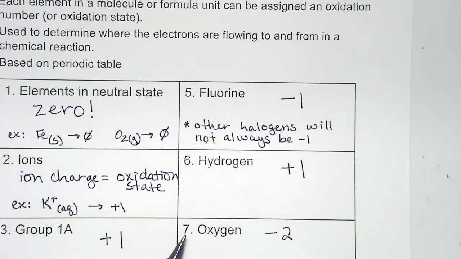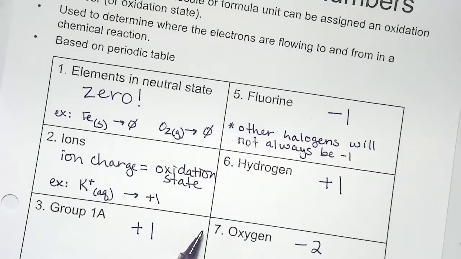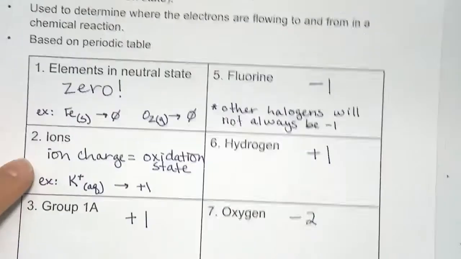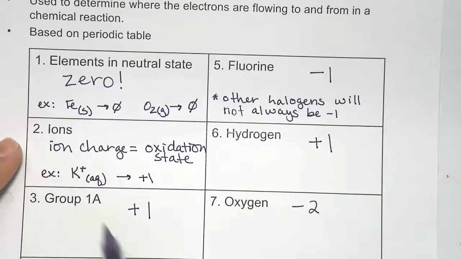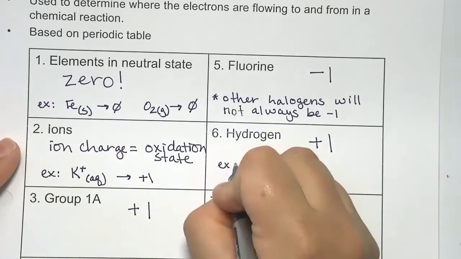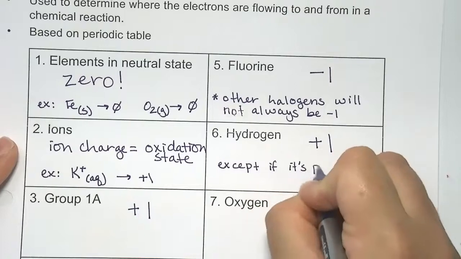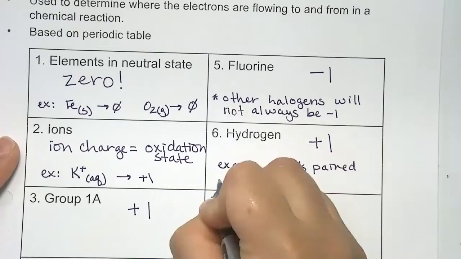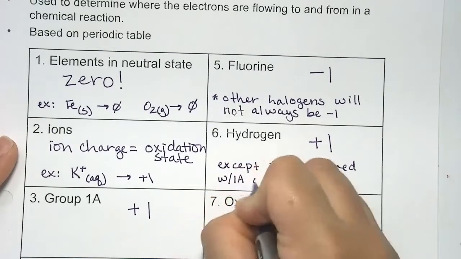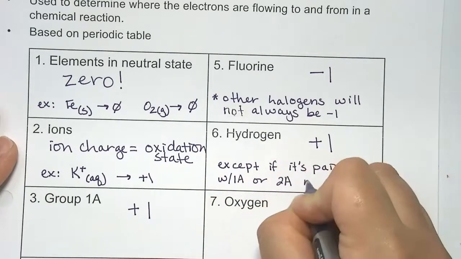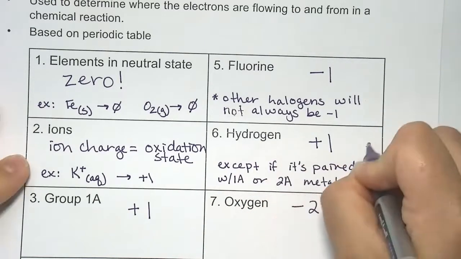And hydrogen also should be +1. The only time it won't be is if it's paired with a 1A or 2A metal. Let me give you an example.